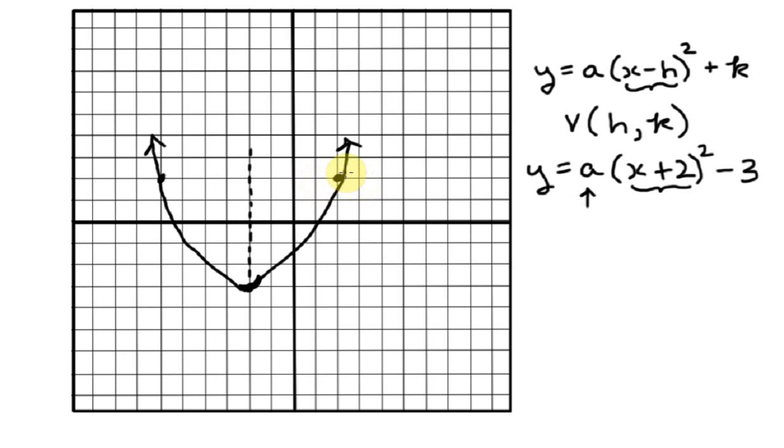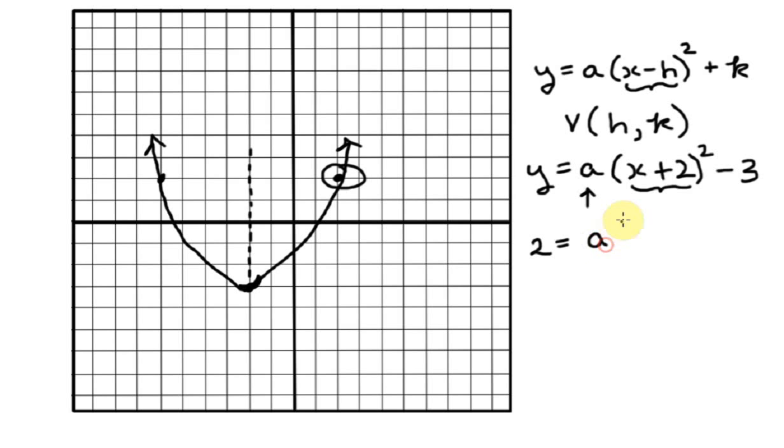I'm going to use the point (2, 2) because it was given to us. Well, if it's a point on the parabola, that means if I put a 2 in where the x is and a 2 in where the y is, then the left side and the right side of this equation have to be the same. So that's going to give me a way to figure out what a is.